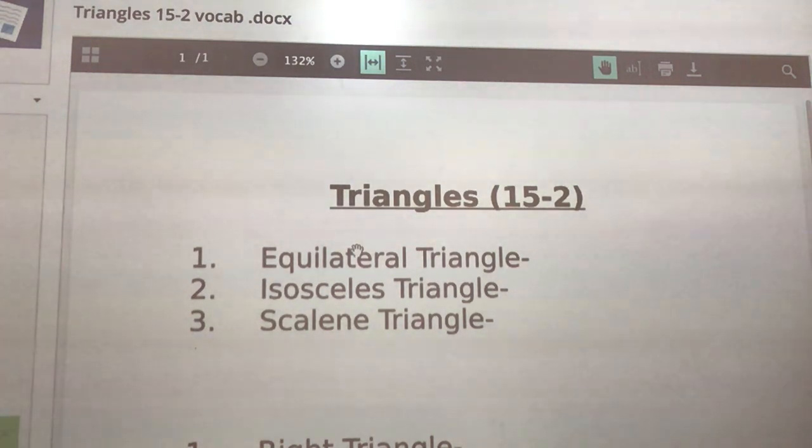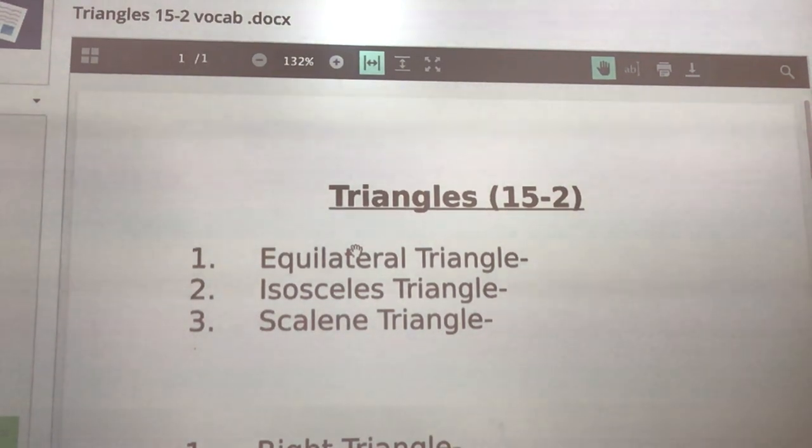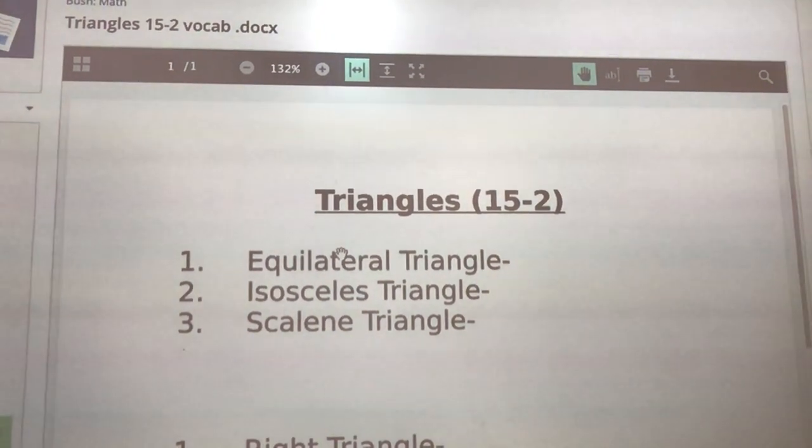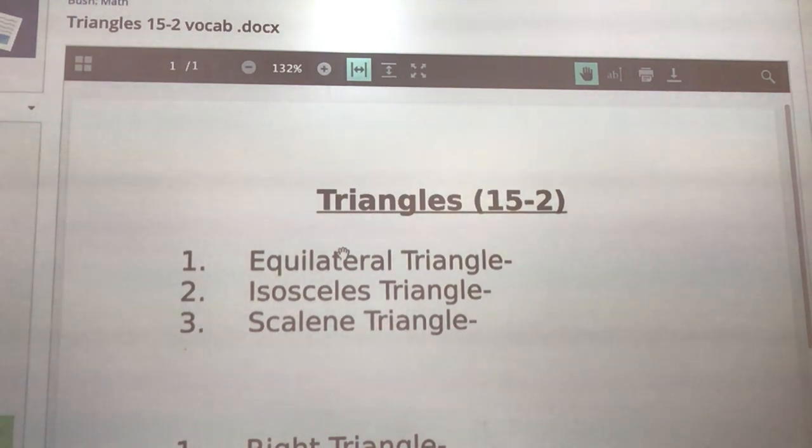Alright, so as you're writing, I know you're not done, guys, but I am going to go ahead and read off some definitions. Remember, what's nice about our lessons here is if you need to stop and go back, this video is on Schoology, and you can rewatch it and go slow if you would like. An equilateral triangle, all sides are the same. So this one's kind of easy to remember.